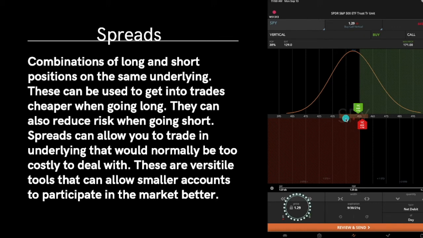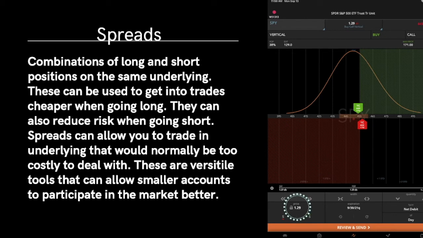Now, notice I've capped it by going short on a call position. I've shorted this call position at the 452 strike, also with 17 days till expiration. What that allows me to do is subtract the premium of the short strike from the premium of the long strike, bringing our cost down to $1.29, which is significantly better than $3.08.